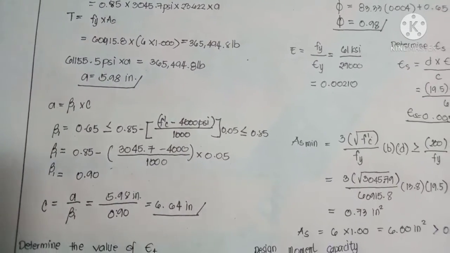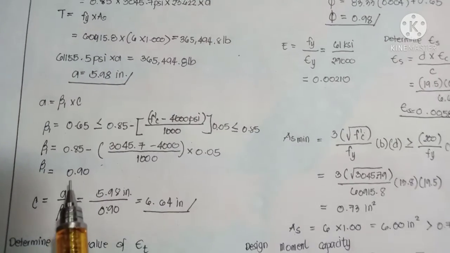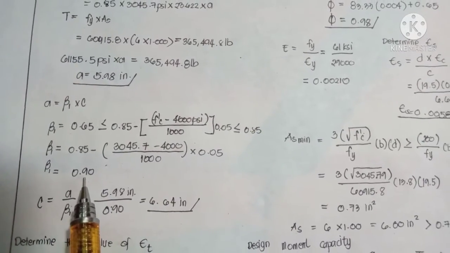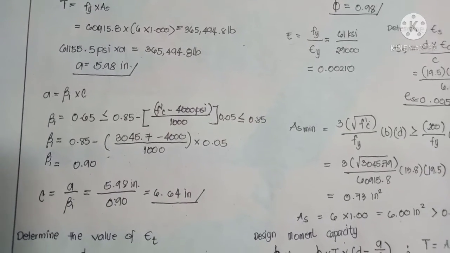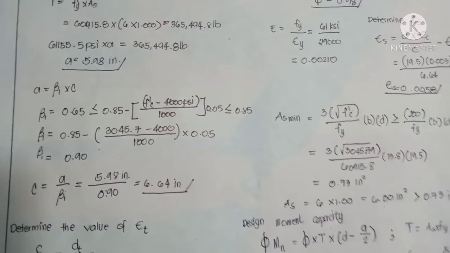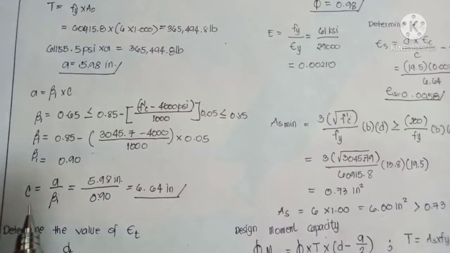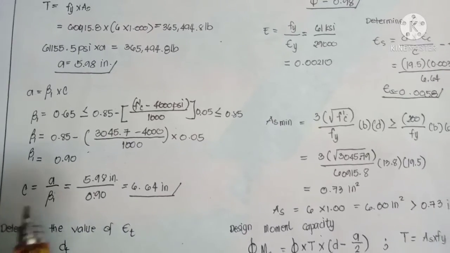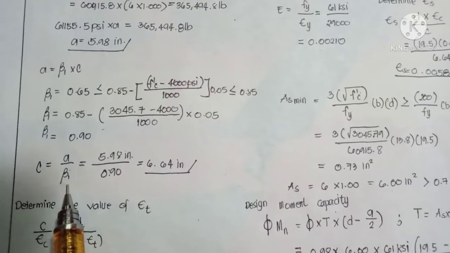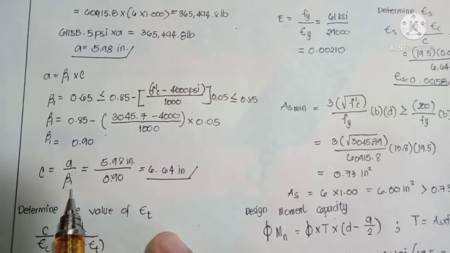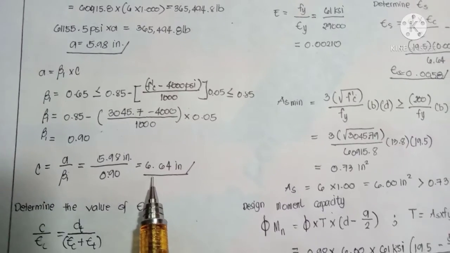Substituting the values, now we have the value of beta 1 as 0.90. Now that we have the value of beta 1, we can solve for c, and the formula for c is equal to a divided by beta 1. And it resulted to be 6.64 inches.